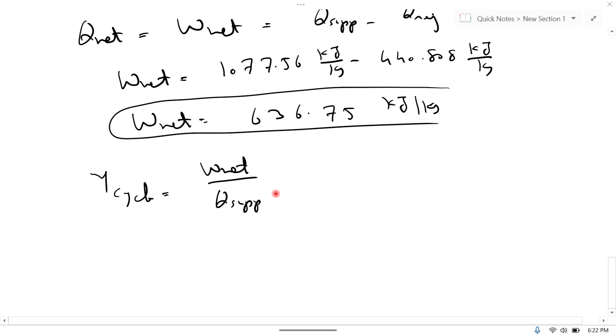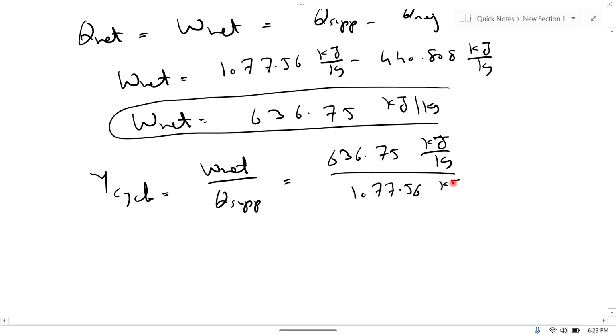and cycle efficiency is now equal to net work output divided by input, and input is heat supplied. So it is 636.75 kilojoule per kg divided by heat supplied, 1077.56 kilojoule per kg.